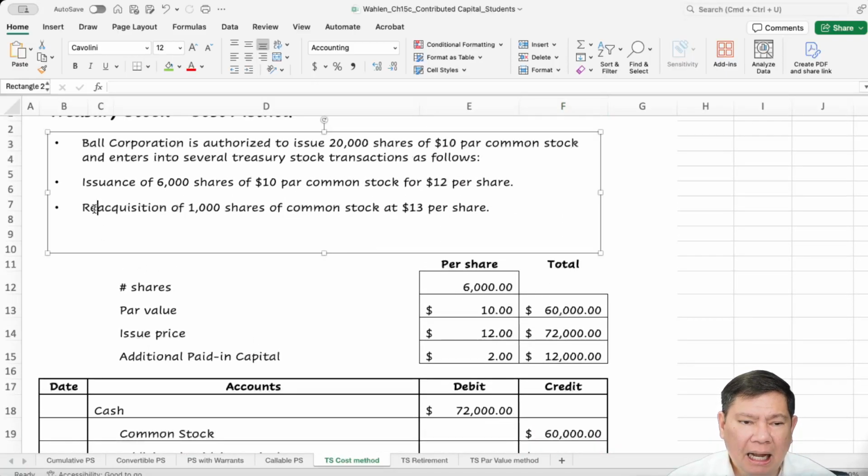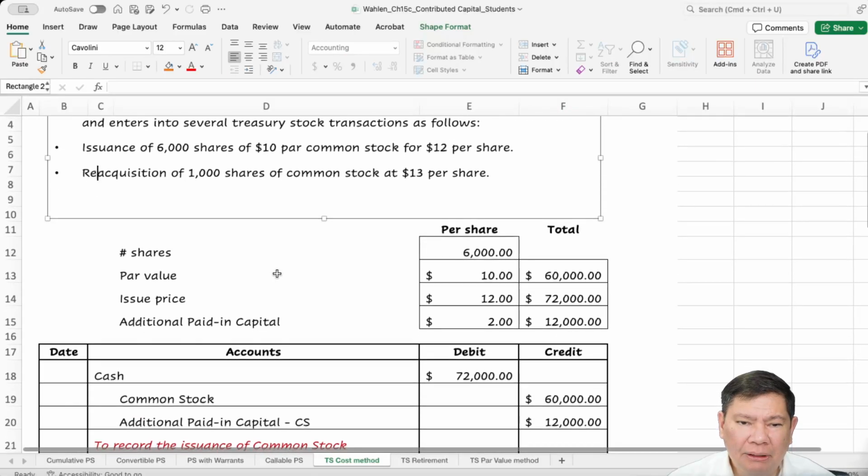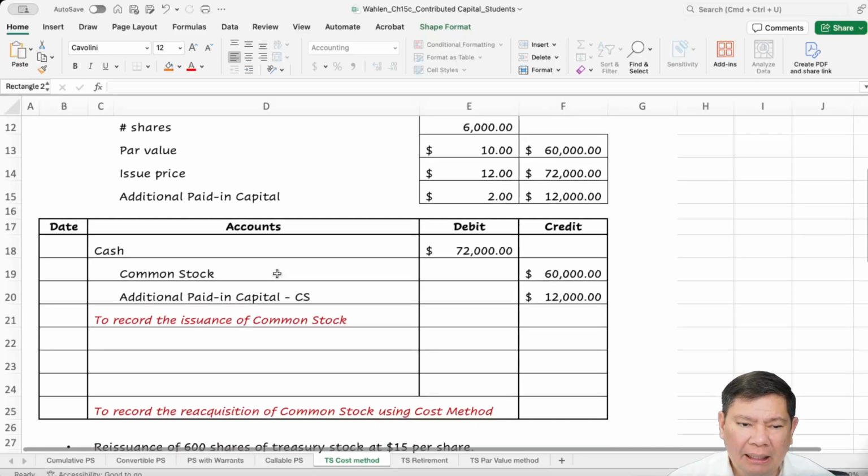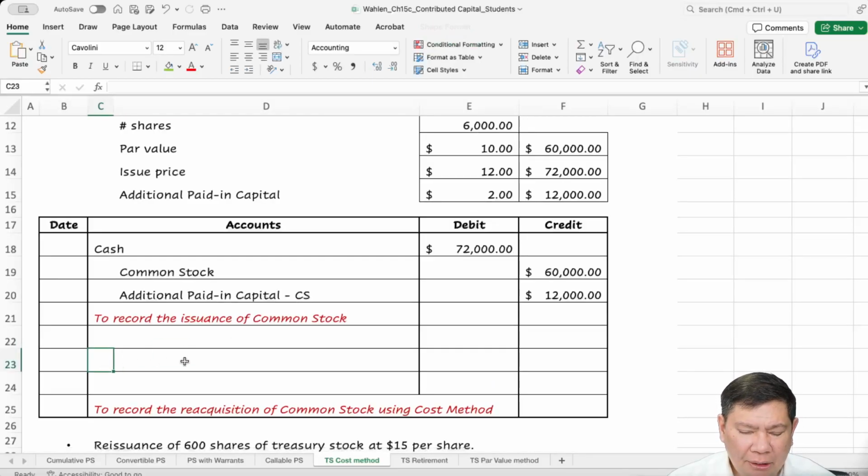And then the company reacquires 1,000 shares of the common stock at $13. So we're going to recognize treasury stock. These are stocks repurchased by the company, so they are no longer outstanding, and the treasury stock on debit will reduce the equity of the company.